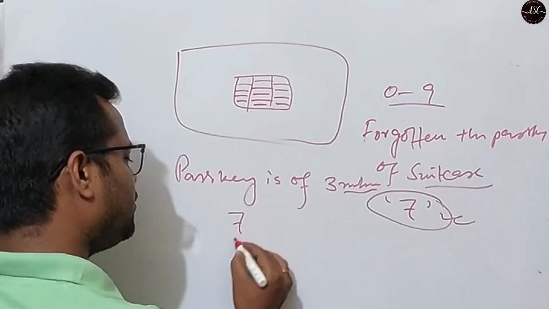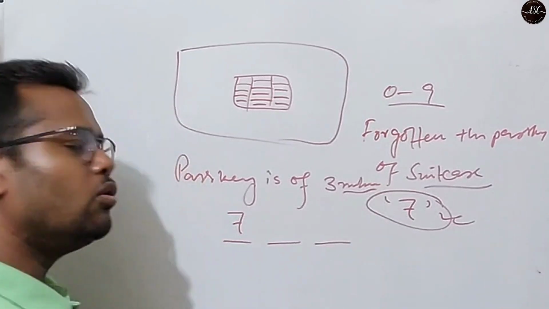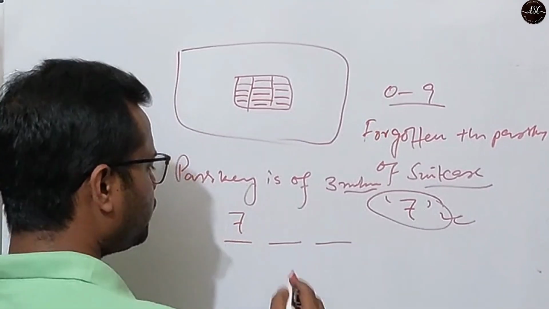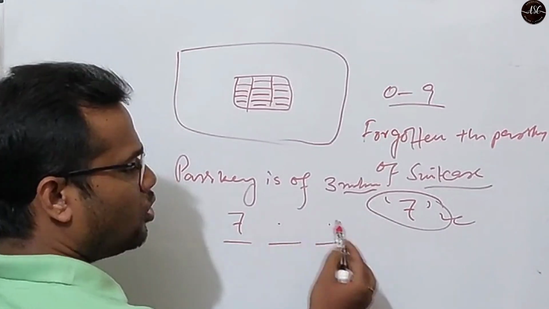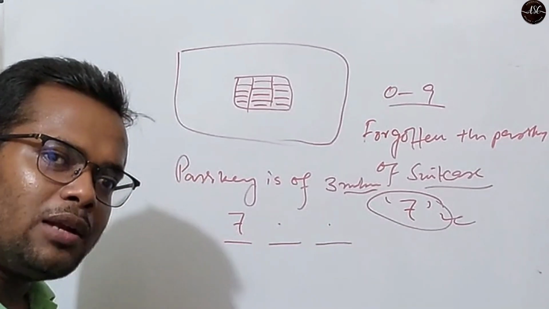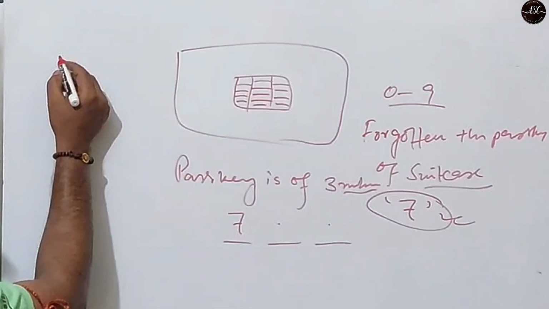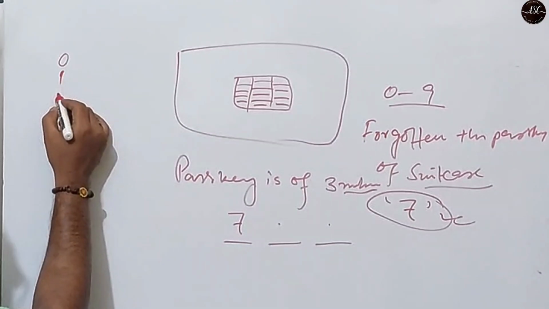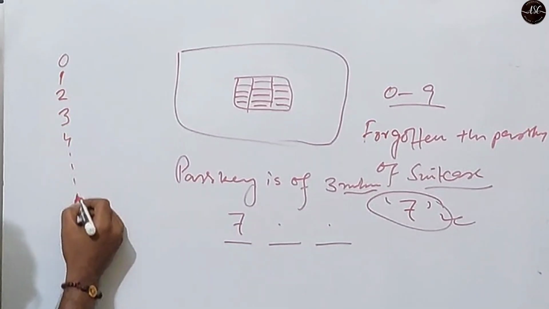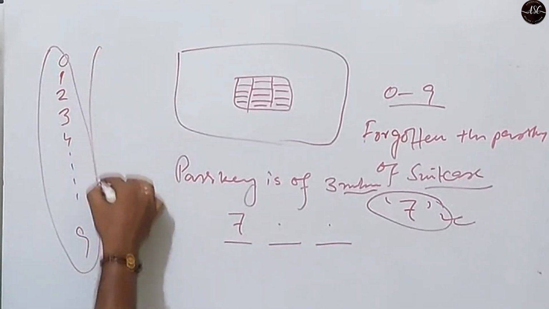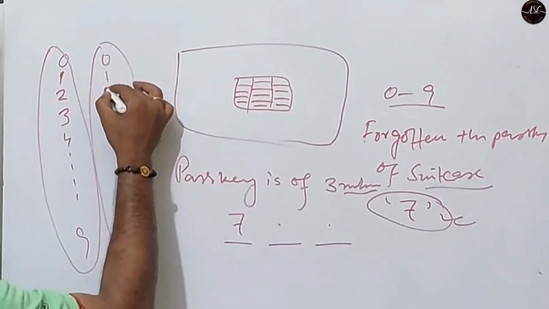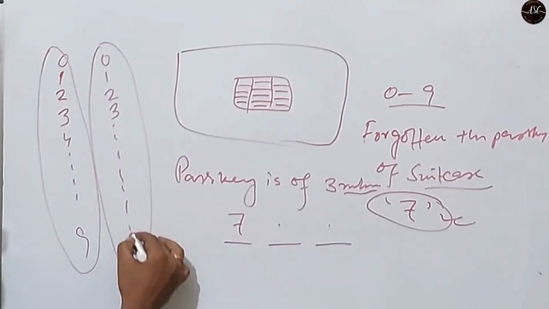So 7 is the first number and the rest 2 you don't remember. So the possibilities of these 2 numbers, how can you calculate this? There are 0 to 9 numbers, up to 9 for one wheel. Let this be one wheel, and the another wheel also contains 0, 1, 2, 3 up to 9 numbers.